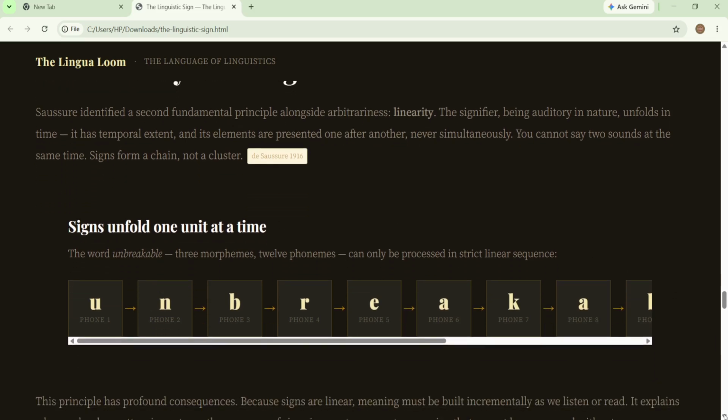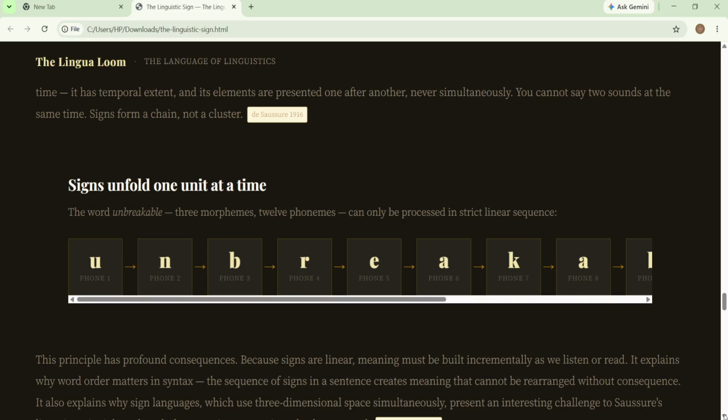You cannot say two sounds at the same time. For example, when you say "apple," first a, then p, then l. You cannot say one over another. It is going to be in linear order.